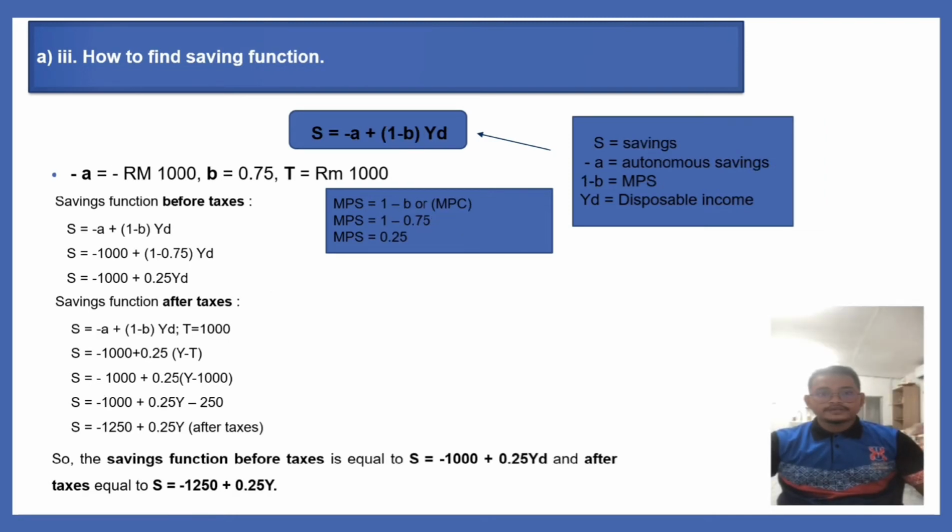For the saving function before taxes, we know there is autonomous saving of negative 1000 and MPS is 0.25. So we will have the saving function equal to negative 1000 plus 0.25Y. For the saving function after taxes, we know there are 1000 billion taxes, so we will subtract the taxes from the national income, and after the calculation, we will have the saving function equal to negative 1250 plus 0.25Y.